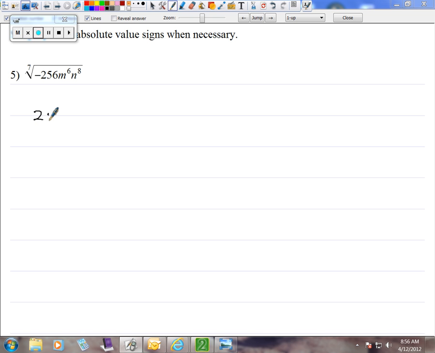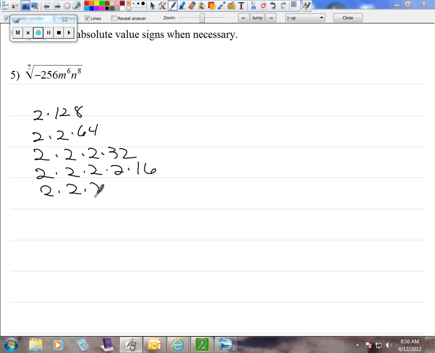2 times what? 128. 2 times 2 times 64. 2 times 2 times 2 times 32. 2 times 2 times 2 times 2 times 16. I know what we're going to have here. Have I counted right?